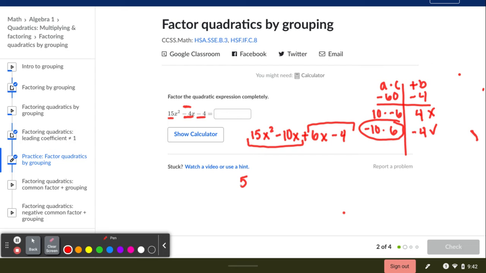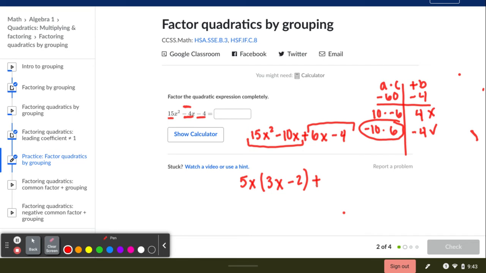And then they each have an x term, so I can pull out an x from both of them. So pulling out the greatest common factor of 5x from the first half, well, 5x times what is 15x squared? Well, that would be 3x. And then 5x times what would give us -10x? Well, that'd be -2.